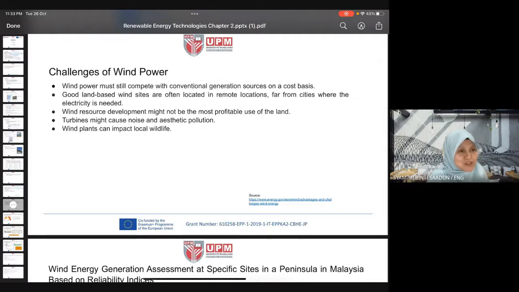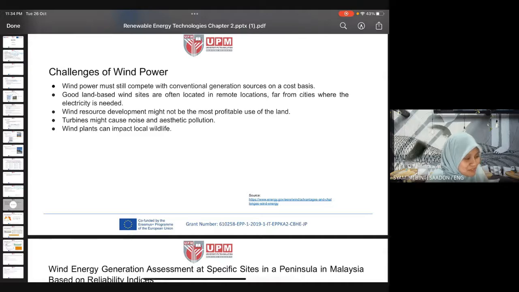Usually people in urban areas use more electricity compared to people in rural villages. But the land-based wind sites needed are often located in remote locations. So there is a challenge.